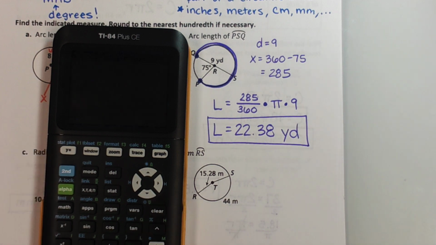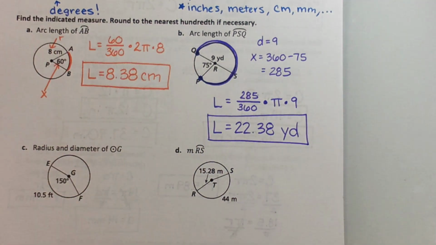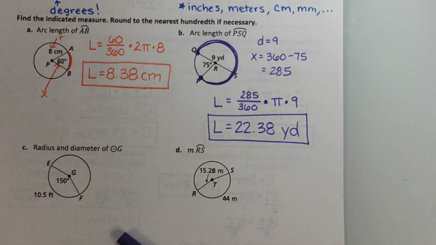You got 5.89, you missed something. No, it would have been 8.9 had you rounded it.